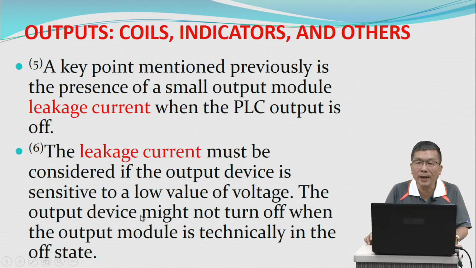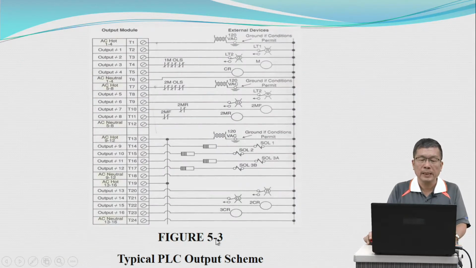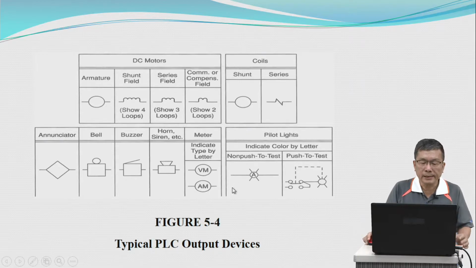The output devices might not turn off when the output module is technically in the off state. This is the typical PLC output scheme. These are typical PLC output devices: DC motors, coils, etc.